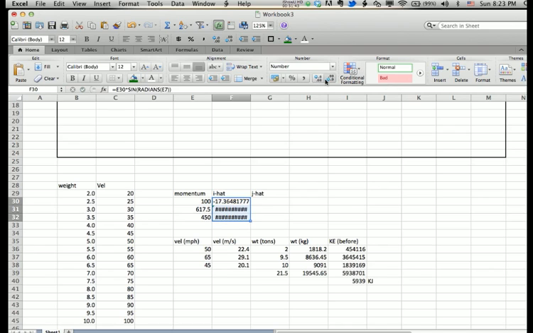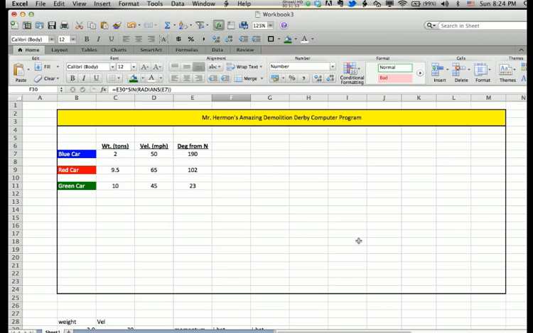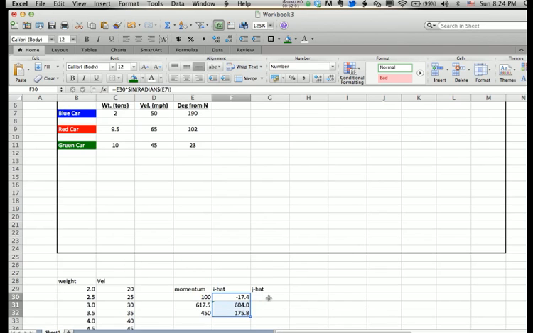Let's fix our stuff there. Hopefully those are right. There's a really good chance I can make a mistake somewhere around in here, and hopefully I'll catch it later. Okay, so those are all my I hats.